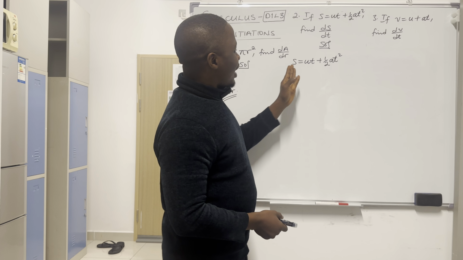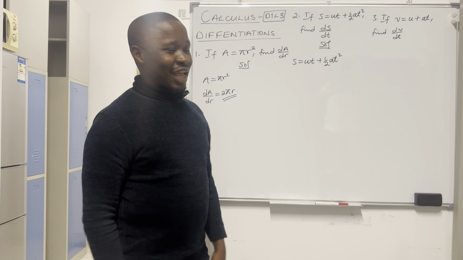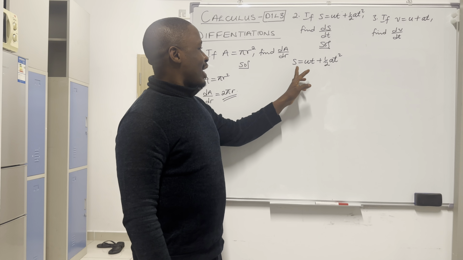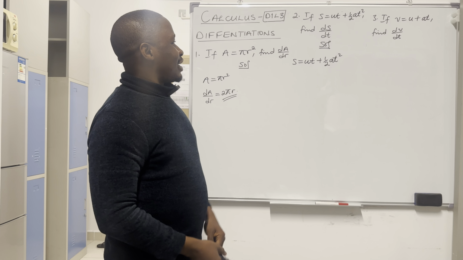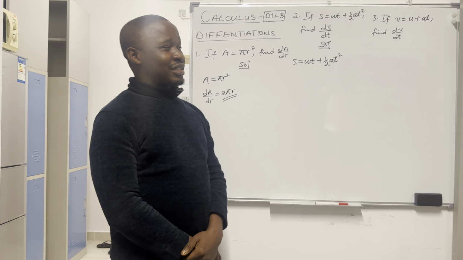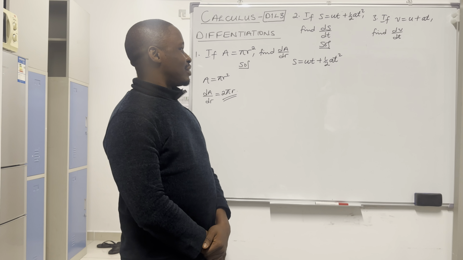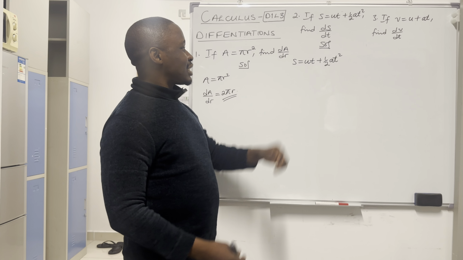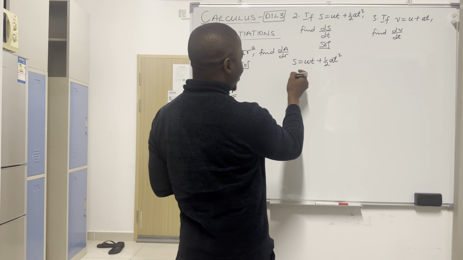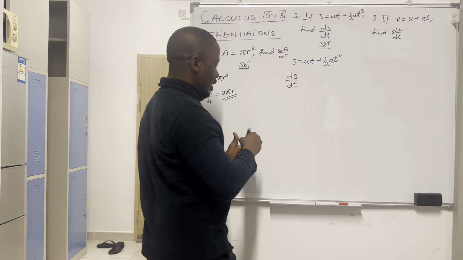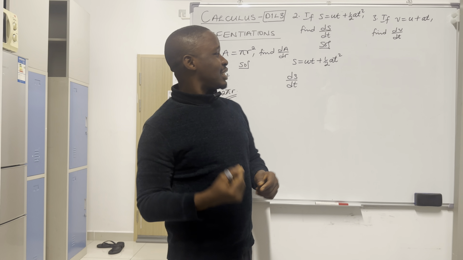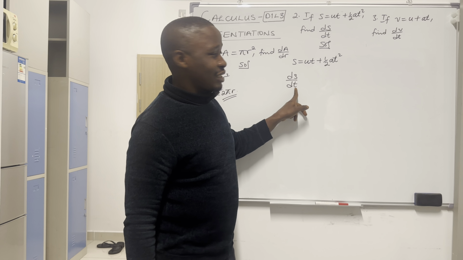So we are given s, the equation of motion, to be ut plus half at squared. Then we want to find the derivative, that is ds/dt. So the function is s, and we are differentiating with respect to t.